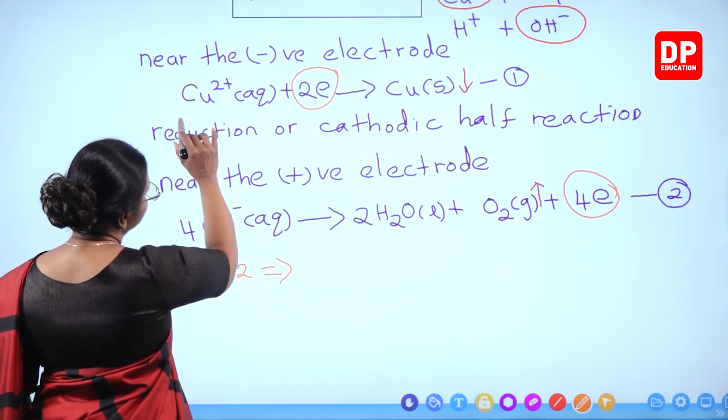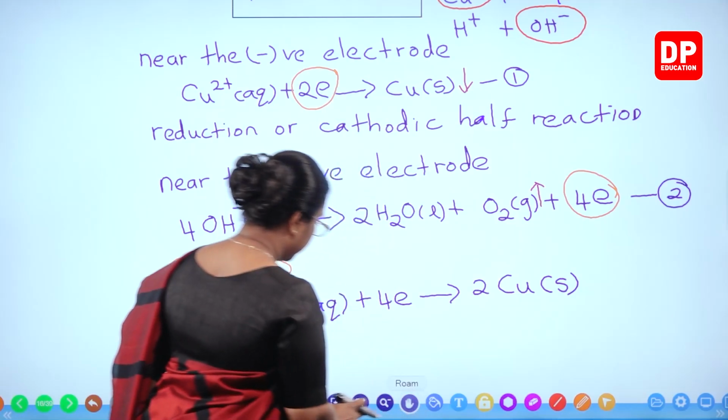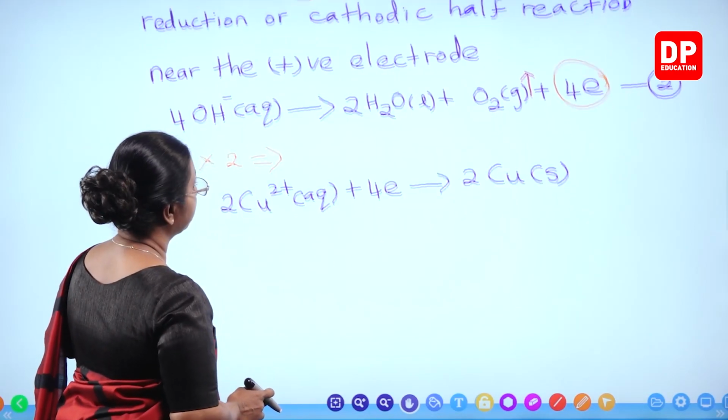So when you multiply this equation by 2, you get 2Cu2 plus aqueous taking up 4 electrons giving rise to 2Cu solid. That is the equation there.